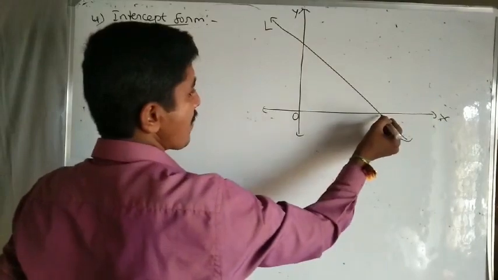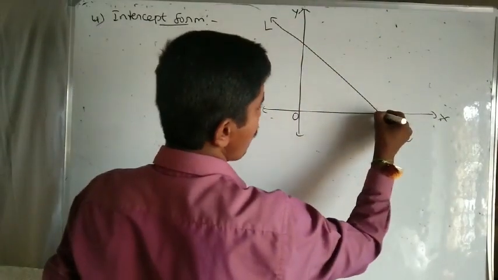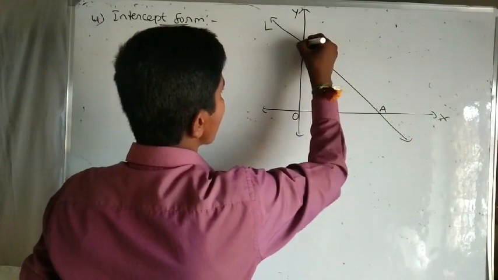This line cuts the x-axis at point A and the y-axis at point B.